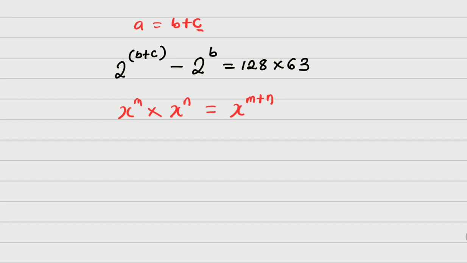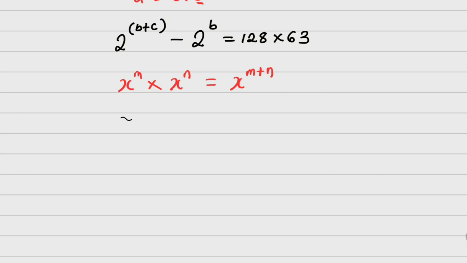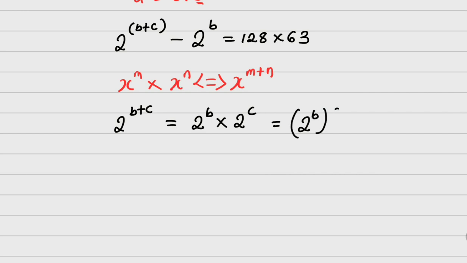Now, if we agree from this law, then I can now possibly say that 2 raised to power b plus c will be 2 raised to power b times 2 raised to power c. Like I told you, this is vice versa, so it can go either way.